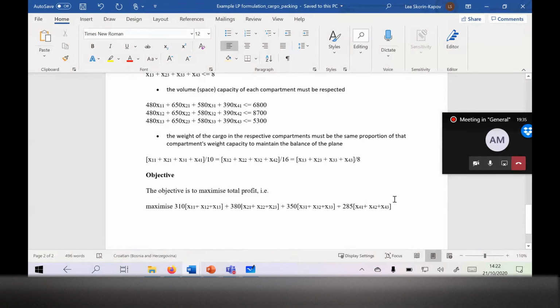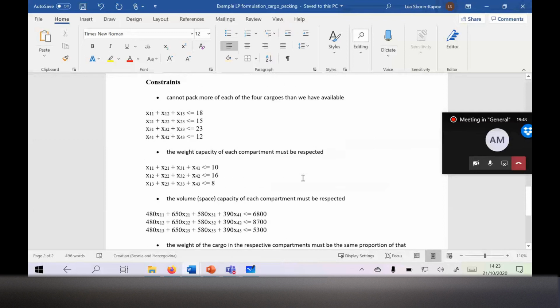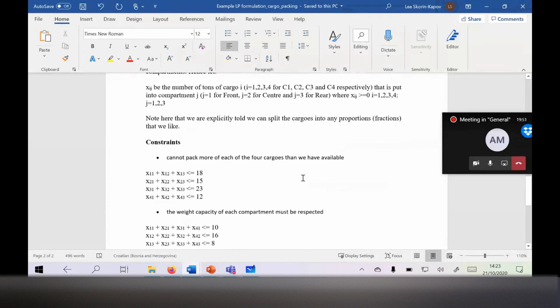Also, we know that all of the variables x11 through xij have to be greater than or equal to 0, right? I don't think that's stated here, but we would need to add that as well. Okay, it is over here, up here. Any questions about this example before I go on?